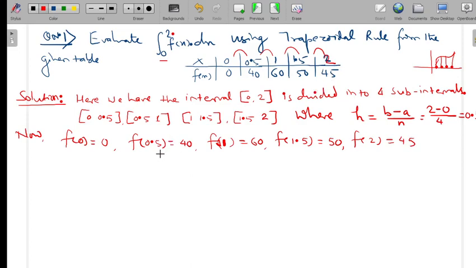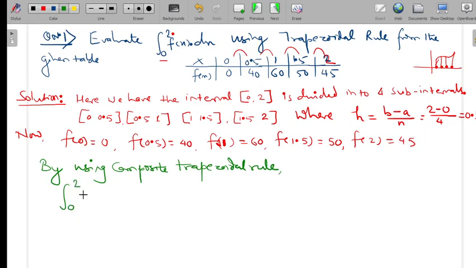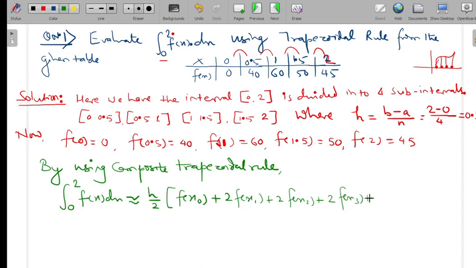These are the values. Now dear students, by using the composite trapezoidal rule, integration of 0 to 2 f(x) dx is equivalent to h by 2 times f of x0 plus 2 times f of x1 plus 2 times f of x2 plus 2 times f of x3 plus f of x4.